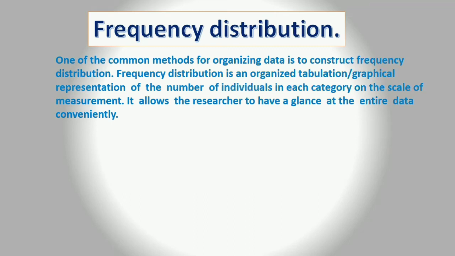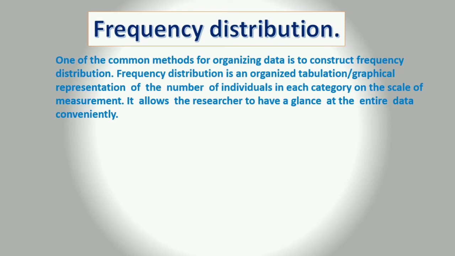Thus, the frequency distribution is an organized tabulation or graphical representation of the number of individuals in each category on the scale of measurement. It also allows the researcher to have a glance at the entire data conveniently.